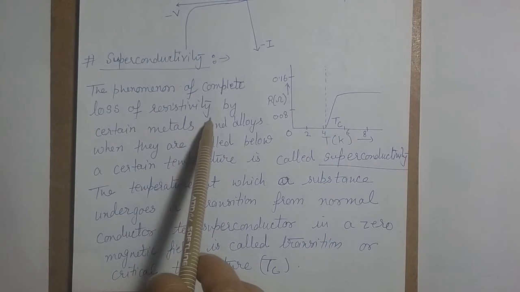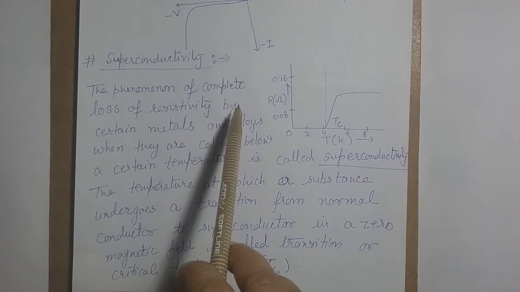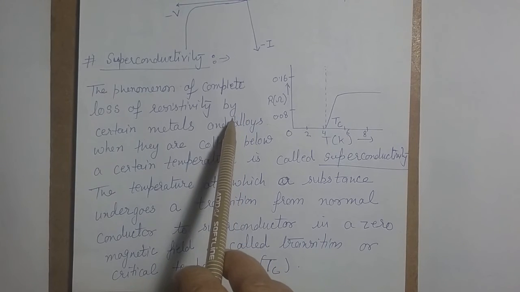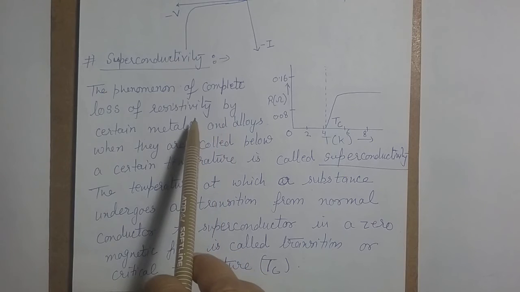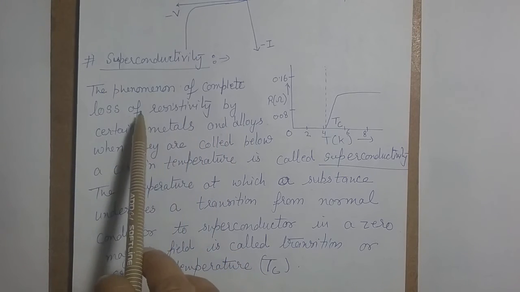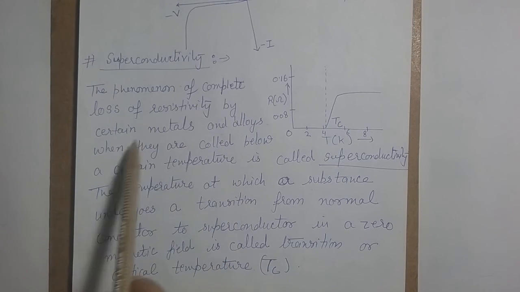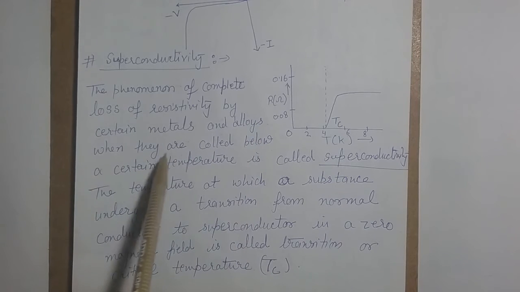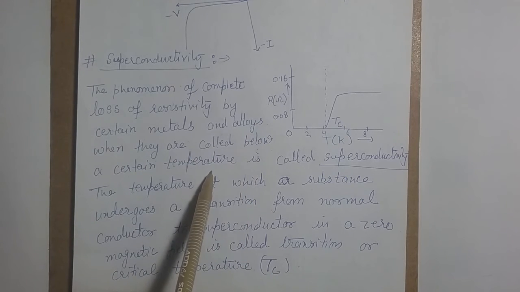A substance can behave as a superconductor if its conductivity is increased abruptly, and that is possible only if the resistivity is reduced to zero. So the phenomenon of complete loss of resistivity by certain metals and alloys when they are cooled below a certain temperature.